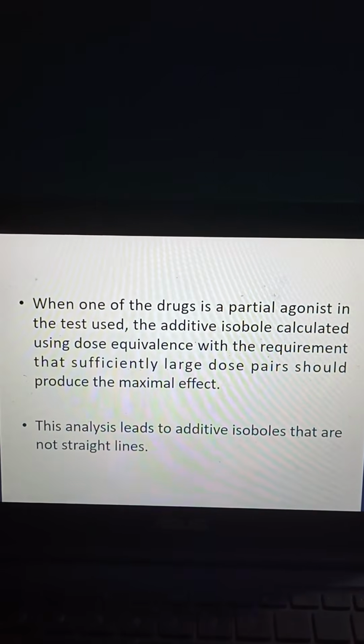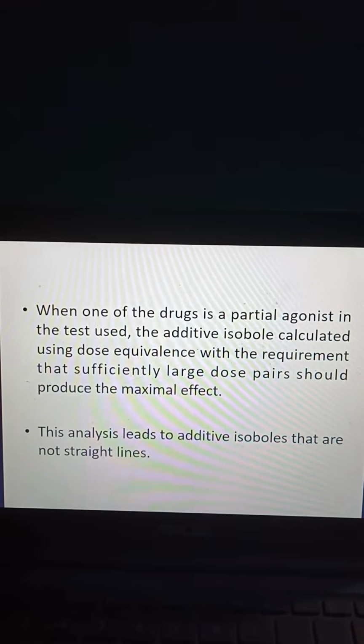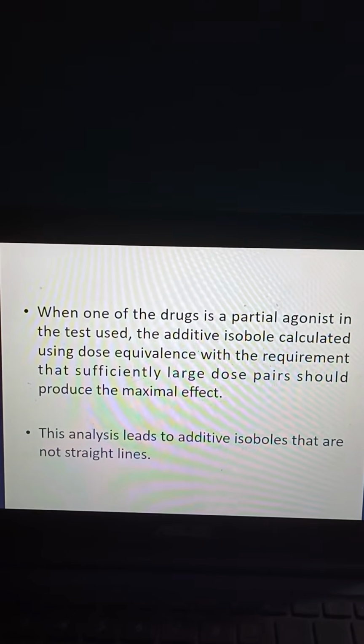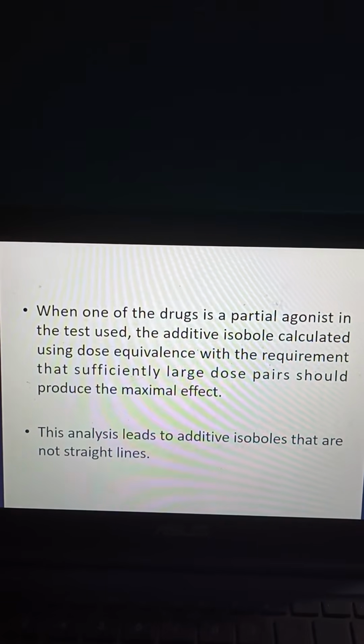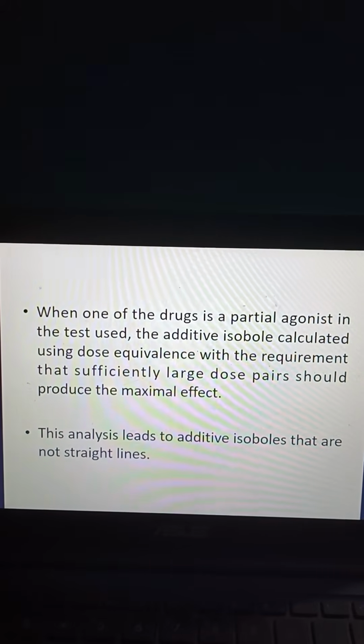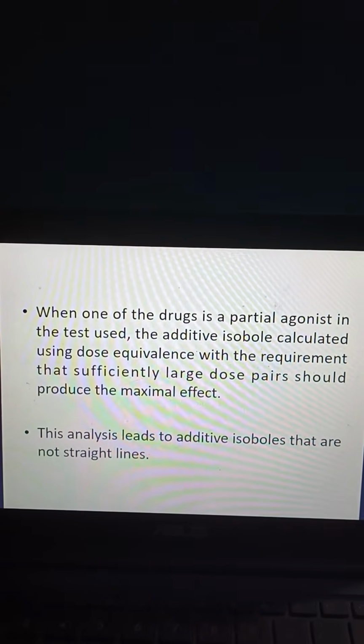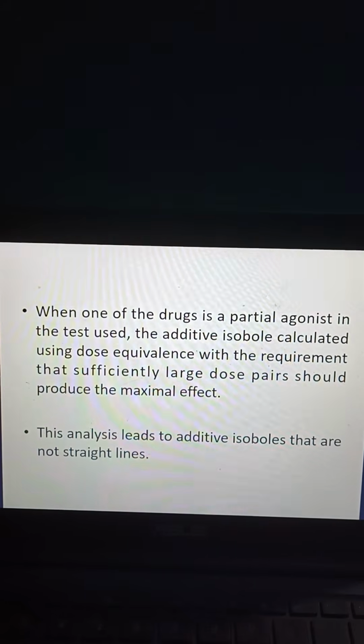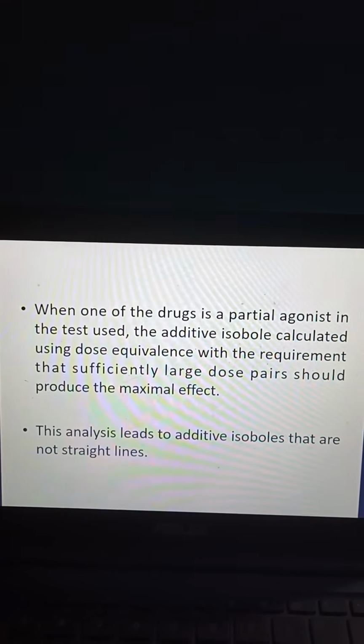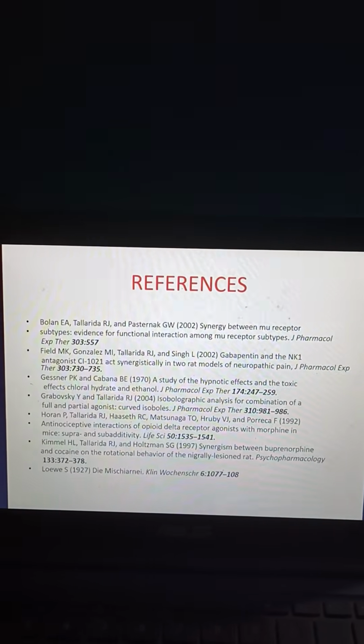When one of the drugs is a partial agonist in the test used, the additive isobol is calculated using the dose equivalence with the requirement that sufficiently large dose pairs should produce the maximal effect. This analysis leads to additive isobols that are not straight lines.